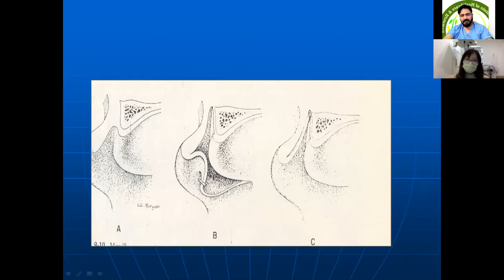Like in Clark's technique, this is the ridge. Okay, so from the lip, mucosa is reflected and it is sutured into the vestibule. So this area is kept semi-raw because it is a supraperiosteal flap, not a complete flap. Okay, not a full thickness flap.